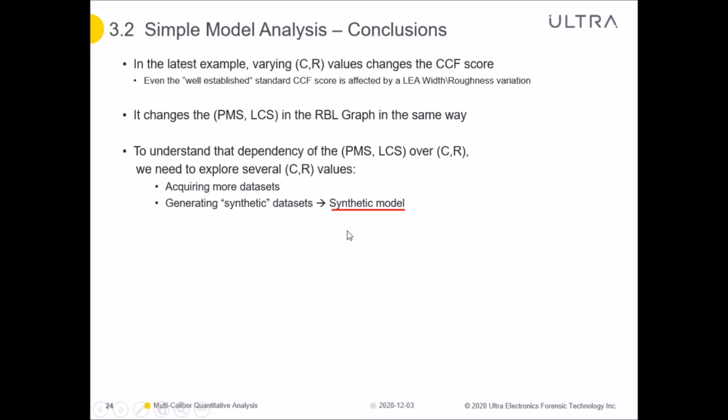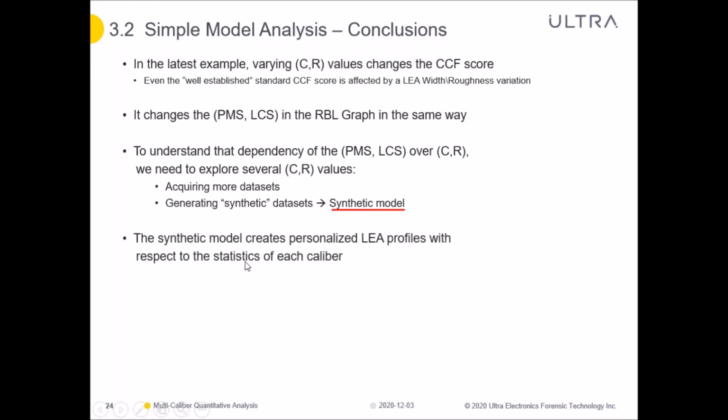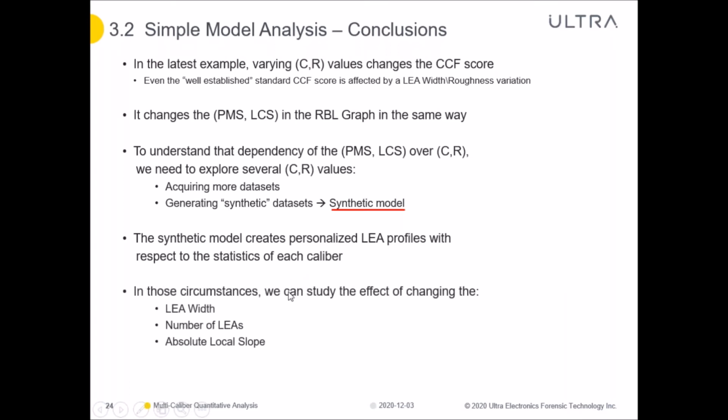I could actually do an entire webinar on that model, but it's not the point here. I'm going to use this as a tool. Our synthetic model creates personalized lead profiles with respect to the statistics of each category. That way, we can study the effect of changing the lead width, number of leads, and, as you will see, the absolute local slope with simulation in a controlled environment.